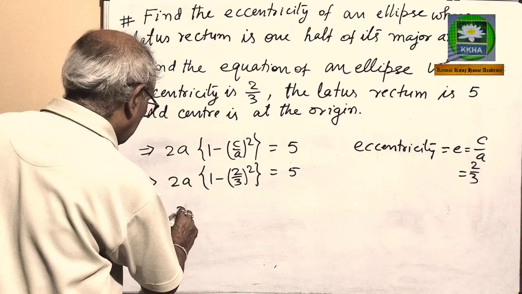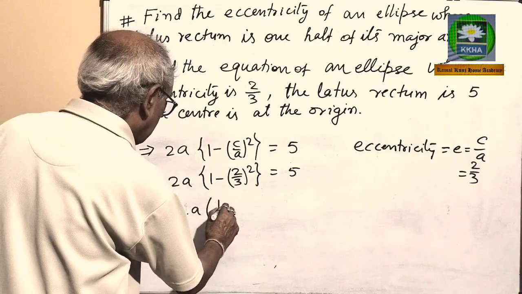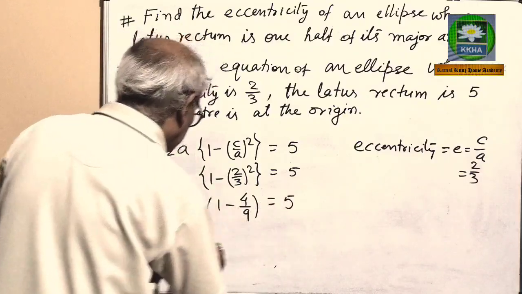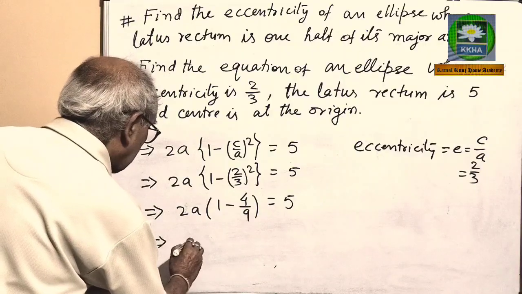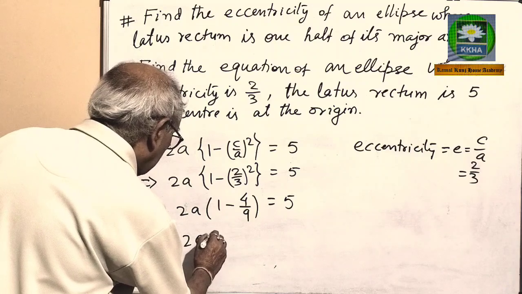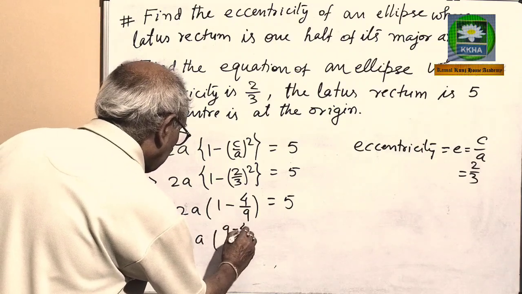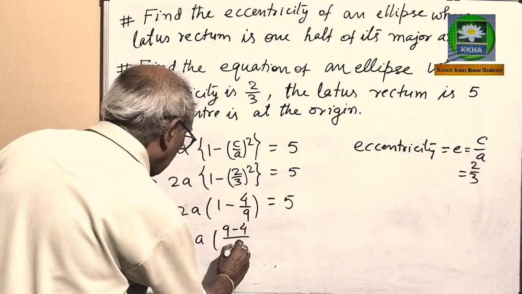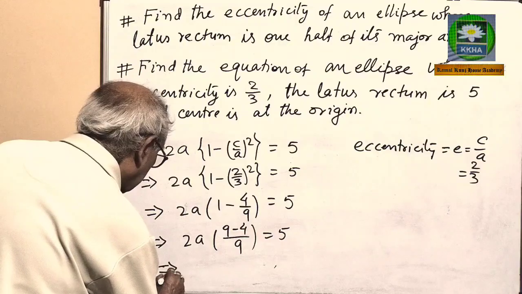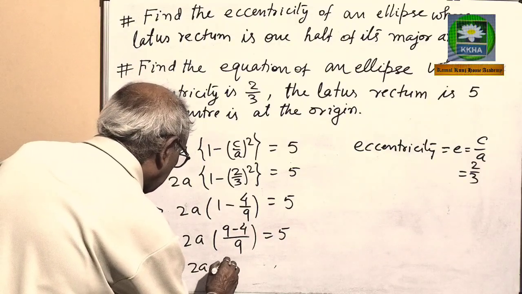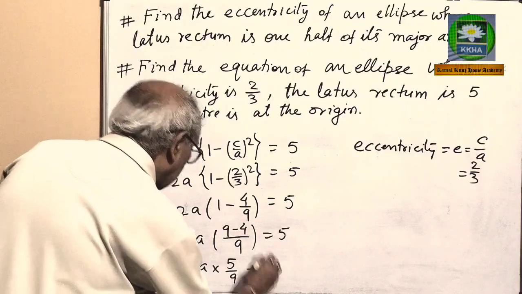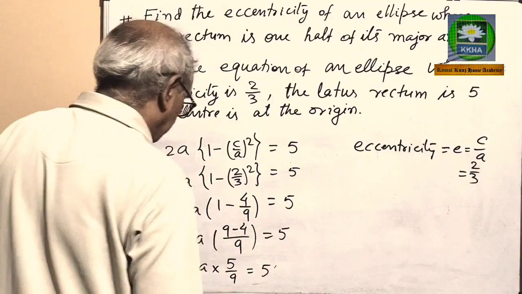This implies that twice a into 1 minus 4 upon 9 is equal to 5. This implies that twice a into 9 minus 4 upon 9 is equal to 5, that is twice a into 5 upon 9 equals 5.